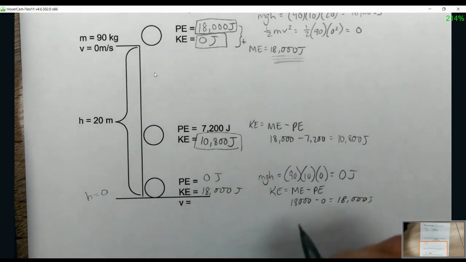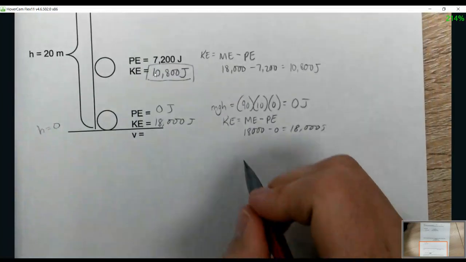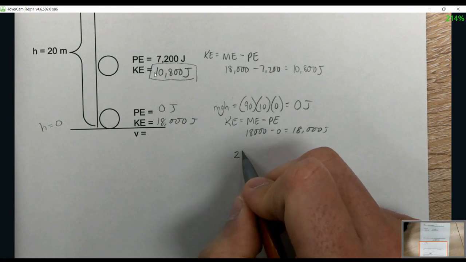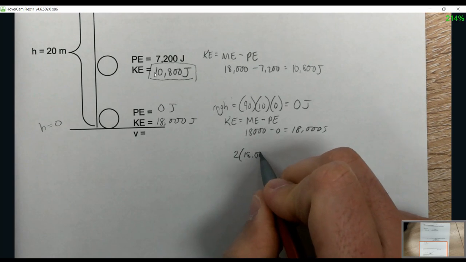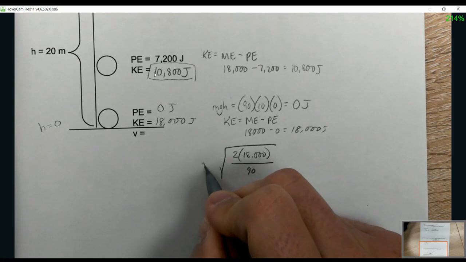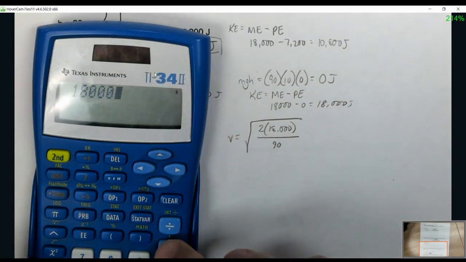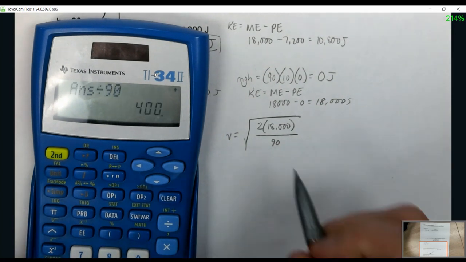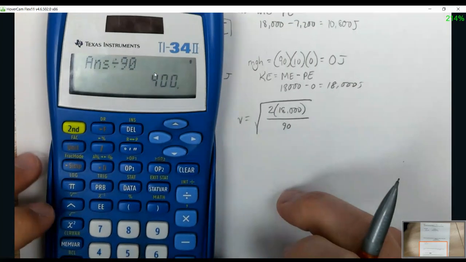All right, now to find the velocity. The equation at the top, 2 times the kinetic energy divided by the mass. So 2 times kinetic energy at this point, divided by the mass of 90, and then you have to square root it for v. 18,000 times 2 divided by 90 gives us 400. That's not the final answer, you have to square root this.